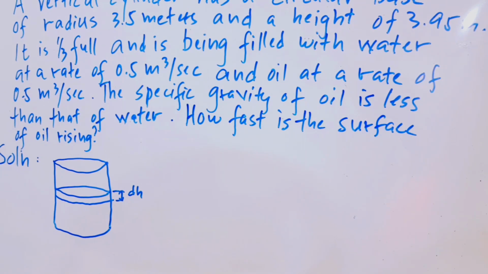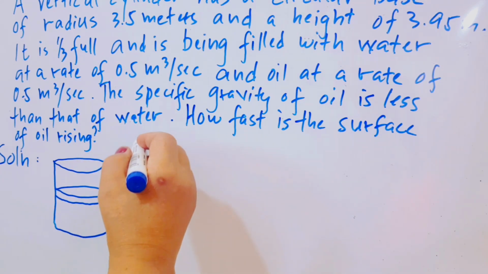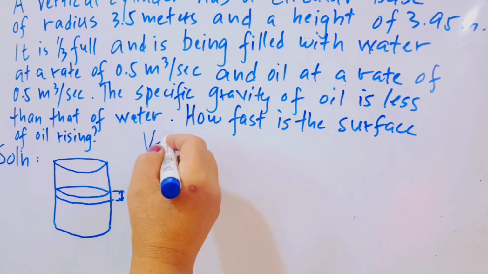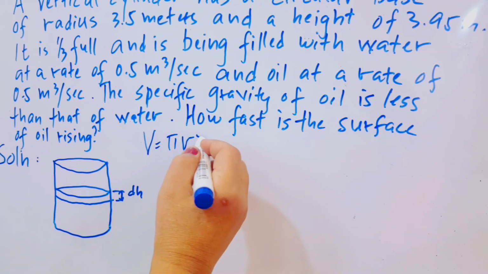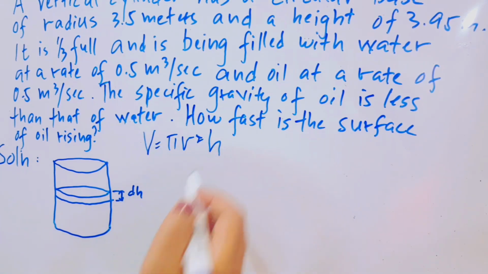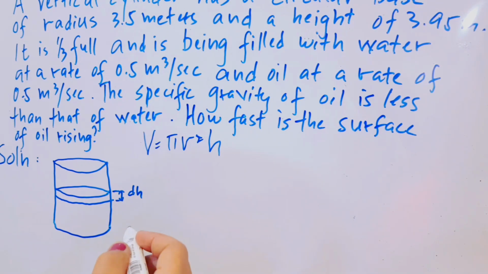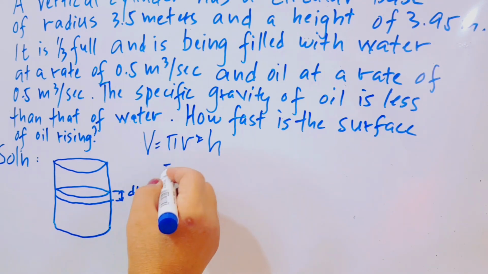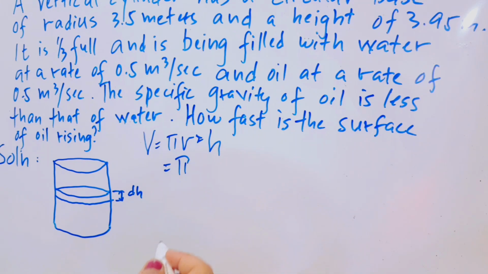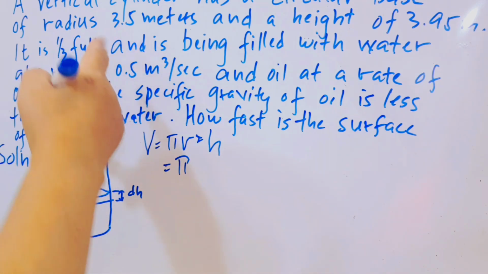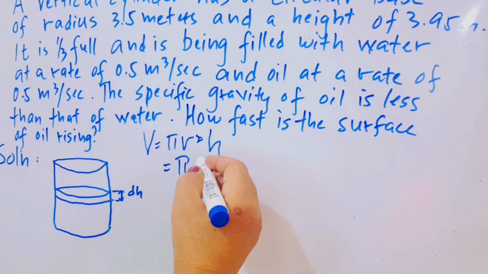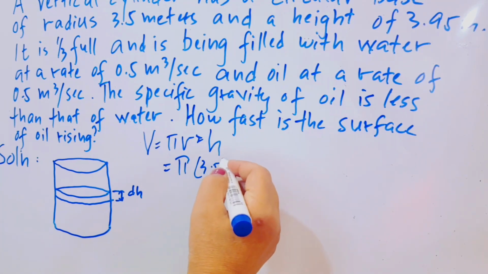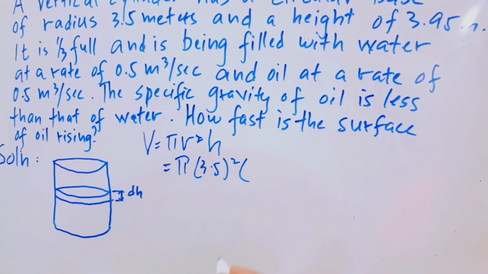Now to solve this one, we have to use the formula of the volume of a cylinder, which is equal to pi r squared h. Now we have pi, and the radius is given to be 3.5 meters, so 3.5 meters squared times, of course, the height.